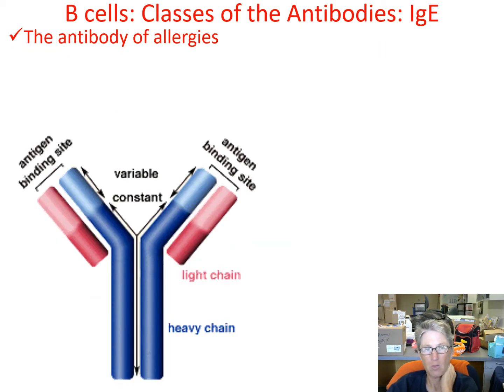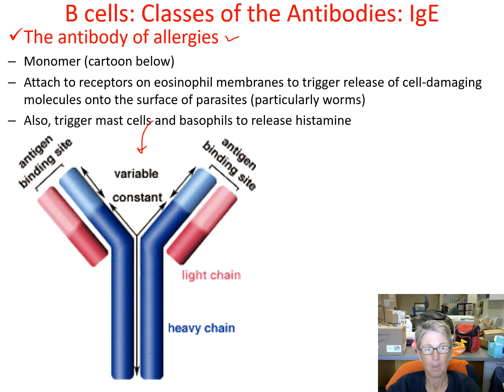Okay, IgE is the antibody of allergies, and we'll talk a whole bunch about IgE when we do allergies. But basically, here's a cartoon of IgE. It kind of looks like IgG. IgE will attach to receptors on eosinophils to trigger release of cell-damaging molecules onto the surface of parasites, particularly worms.